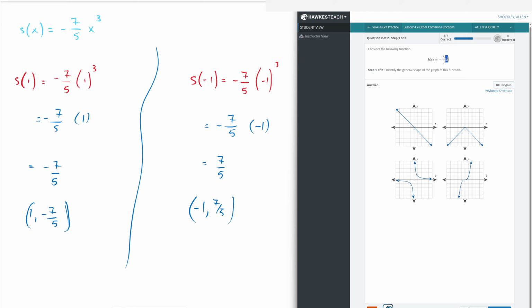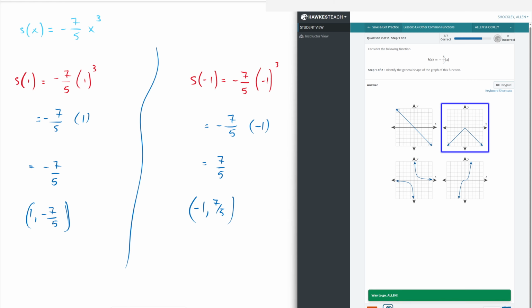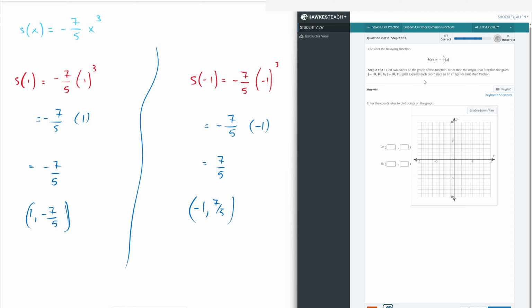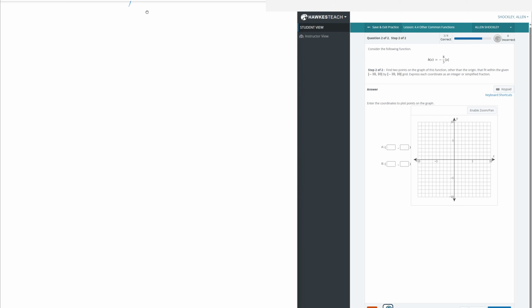Then I'm going to look at the function itself, which is just the absolute value of x. Absolute value of x is this V shape, and again, because it's negative, it's going to go down. And then we just need to find some coordinates. Again, you're going to write the equation down, pick a set of coordinates that you want to work with, and then you work with it.